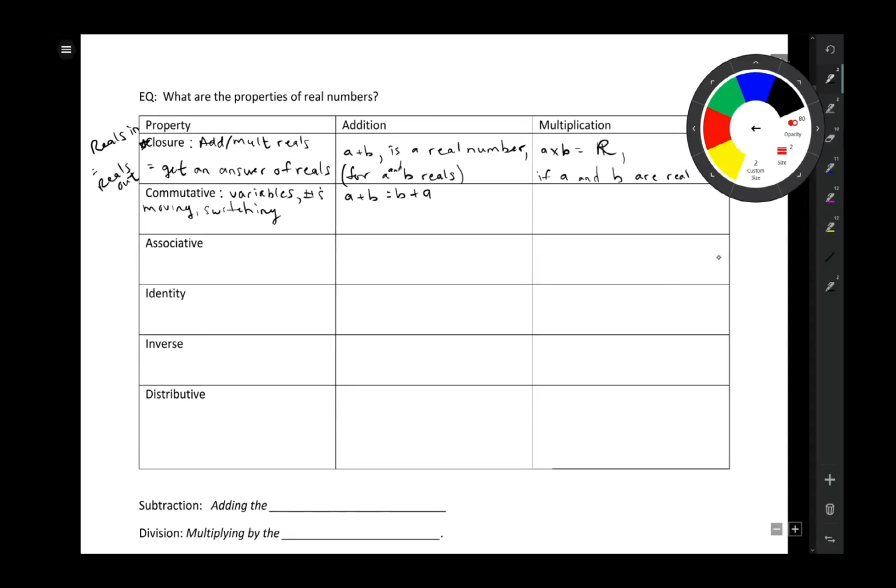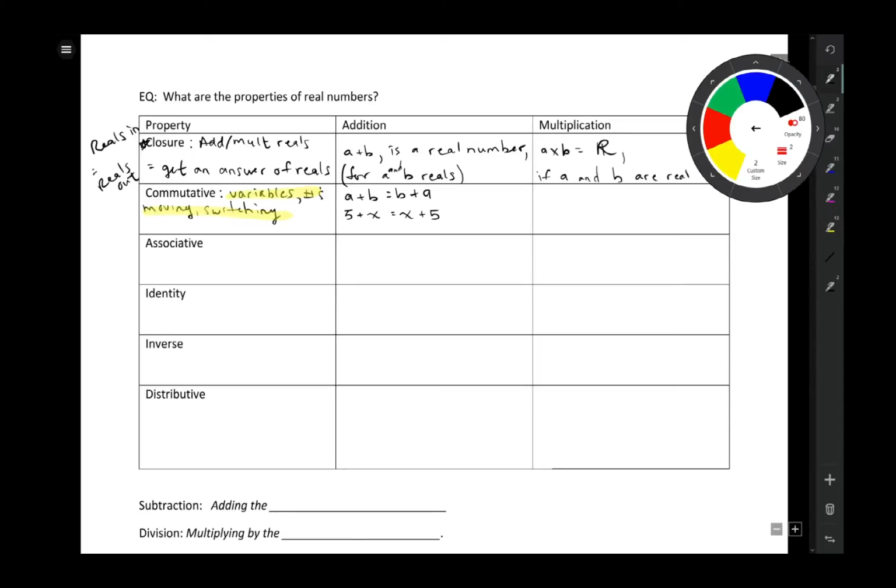All right, they commute. So a goes the other side, b goes the other side. They just switch spots. So it's things like 5 plus x equals x plus 5. Okay, same exact thing, but notice the numbers are switching. It's the variables and the numbers that are switching.